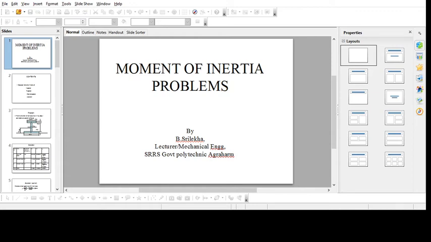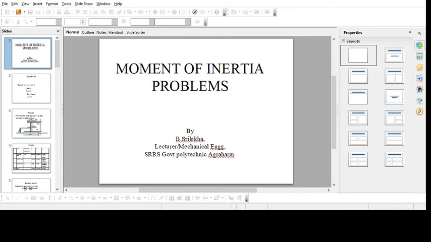Now next, for an unequal angle section 125 into 75 into 10 mm, find the moment of inertia about the centroidal axes IXX and IYY.